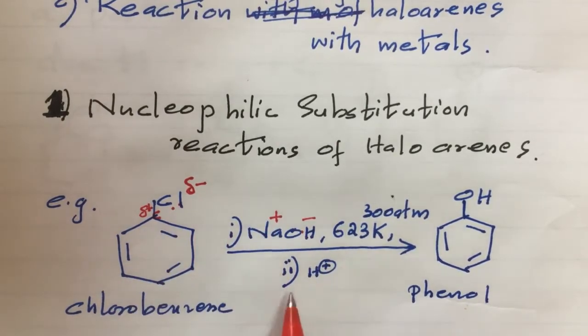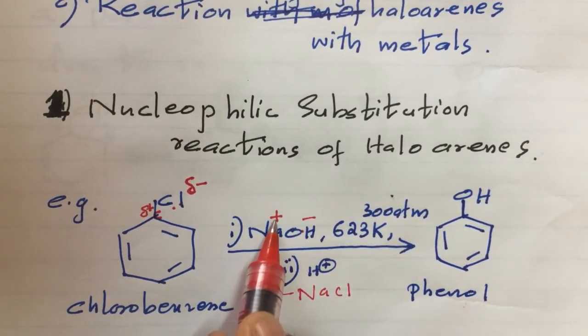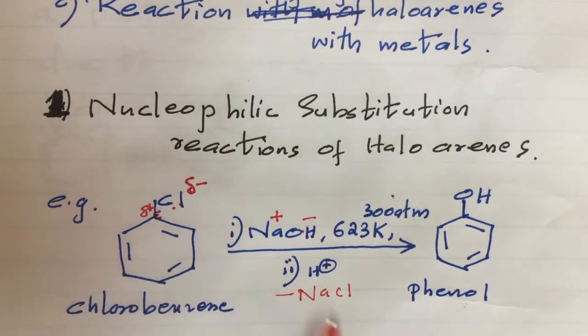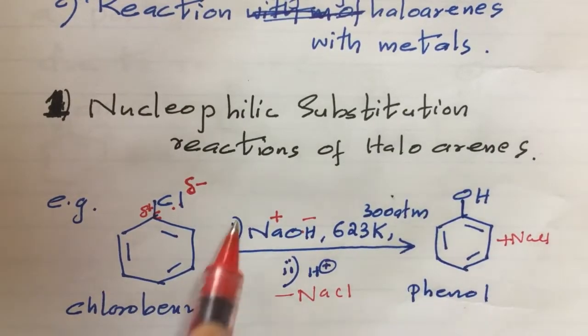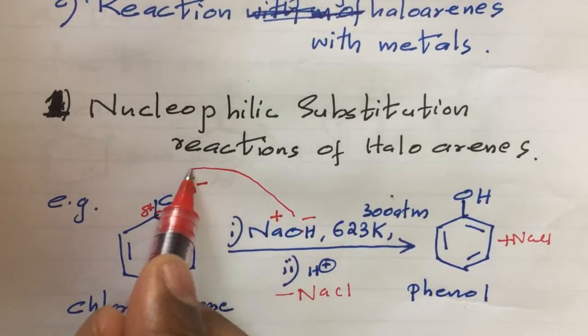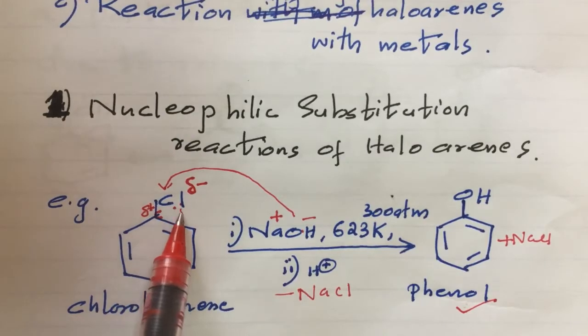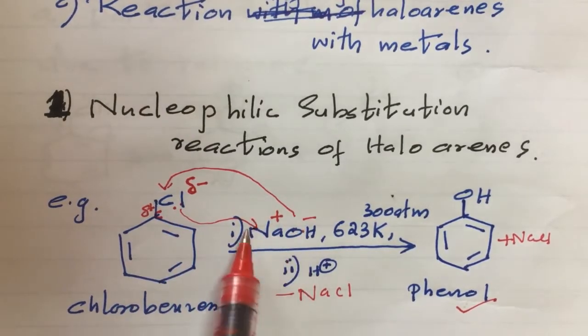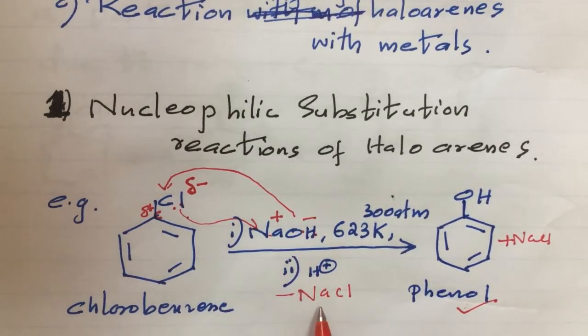Na plus and Cl minus combine to form the byproduct NaCl. OH takes the position of chlorine and forms phenol, and Cl minus is removed along with Na plus. So the main product is phenol.